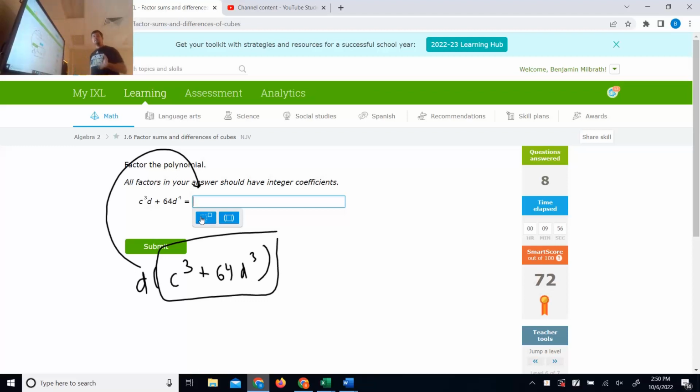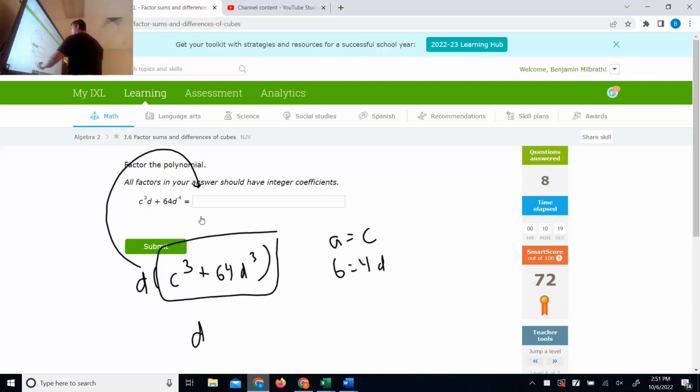To create a c cubed, I take a c and I cube it. So a is c. To create a 64d cubed, I take a 4 times a 4 times a 4 and a d times a d times a d. So b is 4d. I'm going to write this all out and then I'll kind of throw it up in there and we'll simplify a little bit.